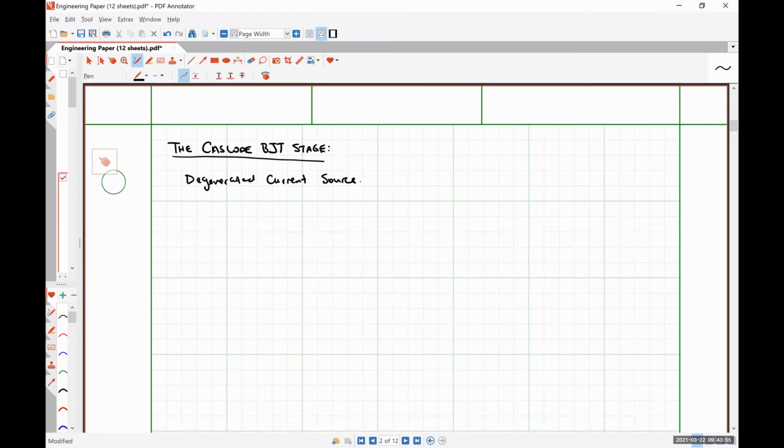So let's consider these two circuits. One will be for an NPN BJT, the other one will be for a PNP BJT. They're going to have identical small signal models. So unlike the book, I'm not going to waste time having an entirely separate section to talk about PNP.